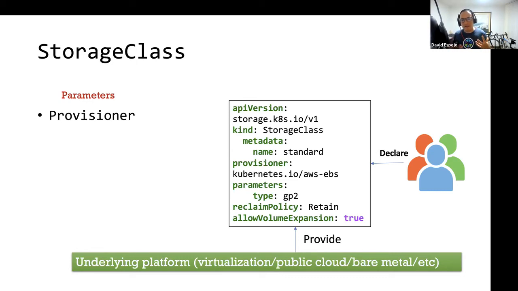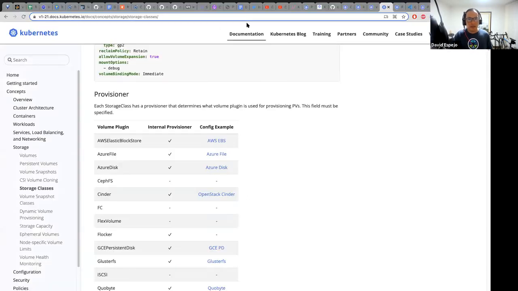You will probably not have only one platform, but you can have different platforms. I don't know, the local cloud, the public cloud, whatever. So you will have provisioners for each one of those platforms. Where you can find the provisioners, let me share this with you. There you go.